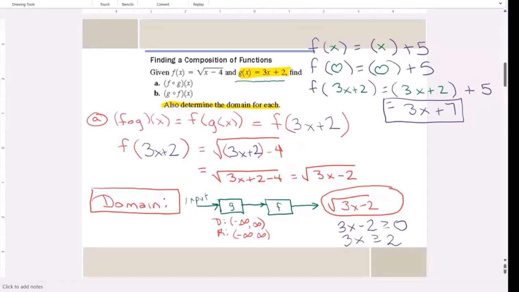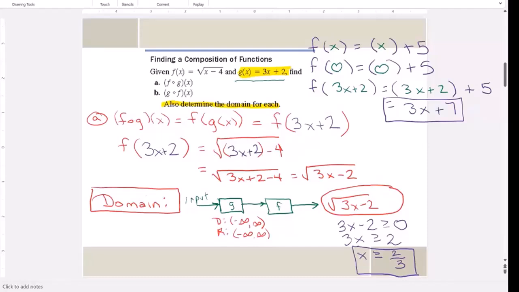Divide both sides by 3, and I get x is greater than or equal to 2/3. Now, that means that if I put any value in for x that's not greater than or equal to 2/3, I'm going to have a problem.